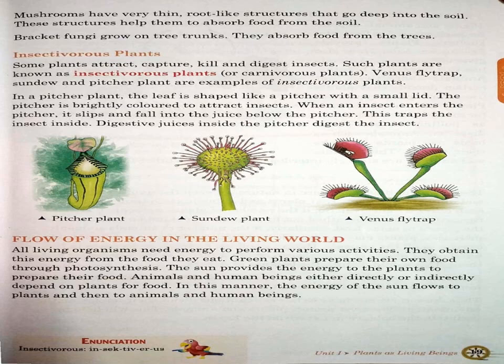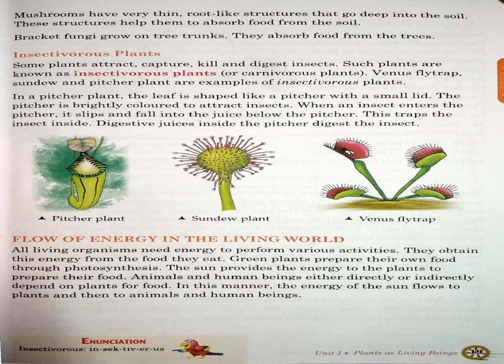So what do they do? They used to attract the insects, they used to capture them, they used to kill them, and thereafter they used to digest those insects. It is a trap-like thing, okay? So the insect will be easily attracted and trapped, and thereafter they are killed, and the plants are absorbing something or digesting something from the body of those insects.